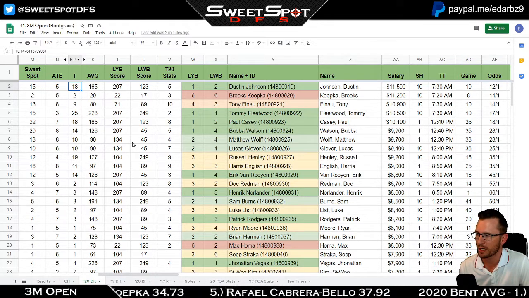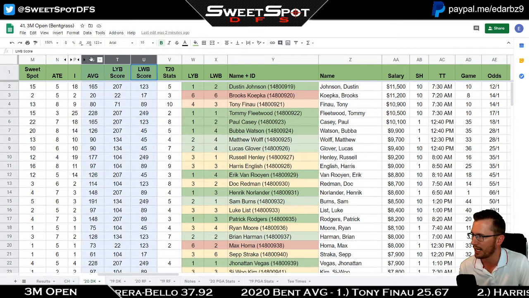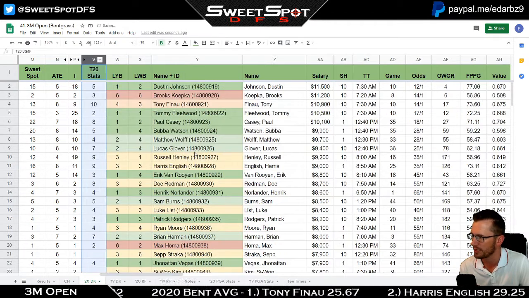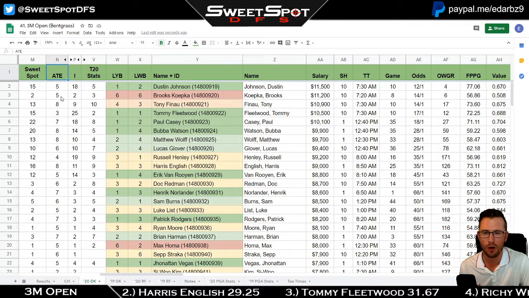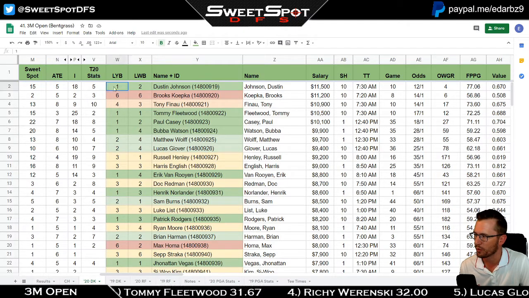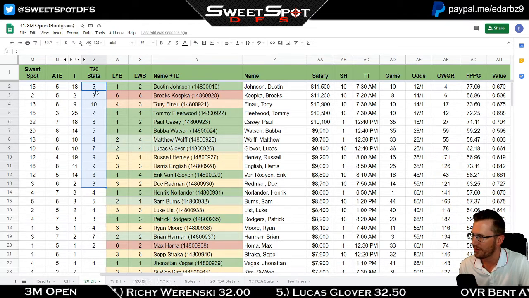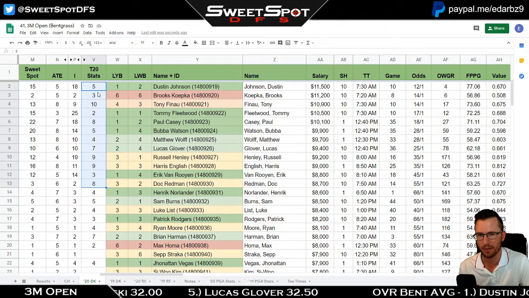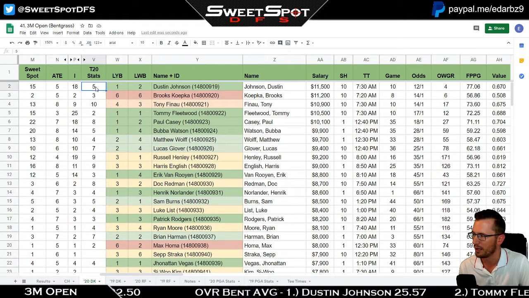Then I do some more calculations. So I will actually go ahead and hide these columns here and keep these ones open. ATE means all things equal. So if we weren't looking at bucket score, we were looking at stats, using just stats and comparing against themselves, these are golfers with top 20 stats.